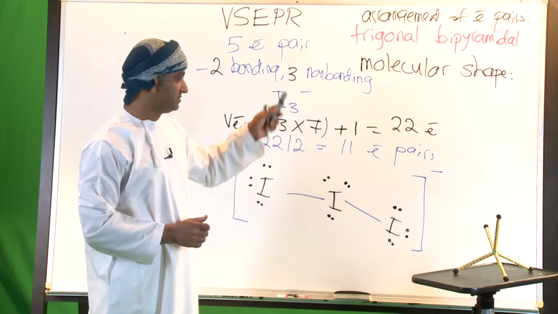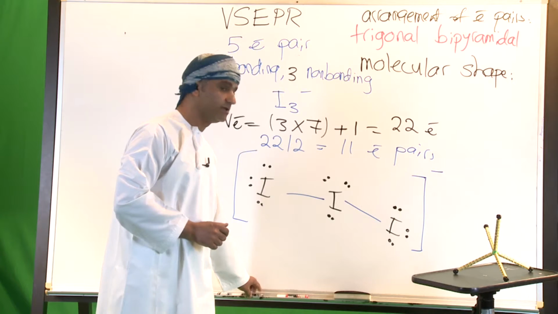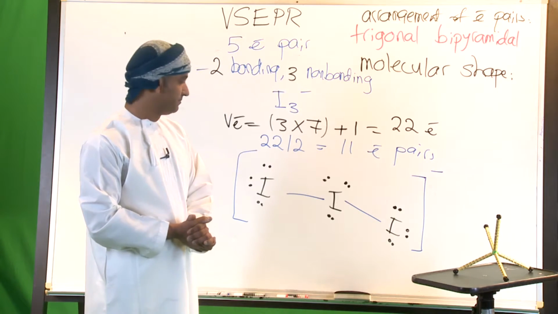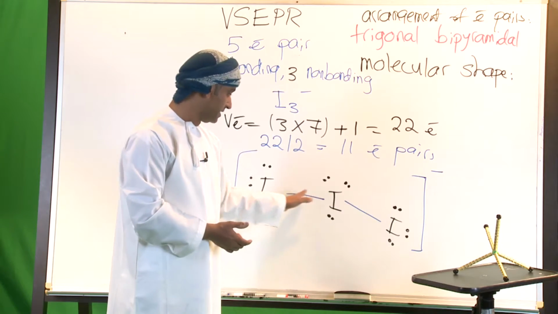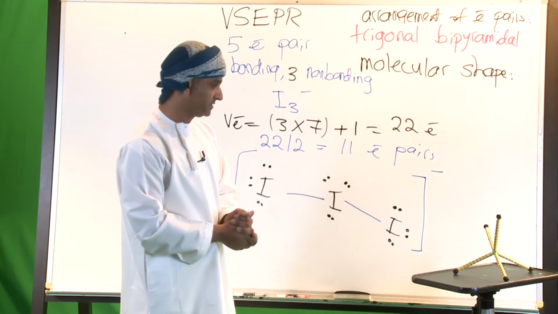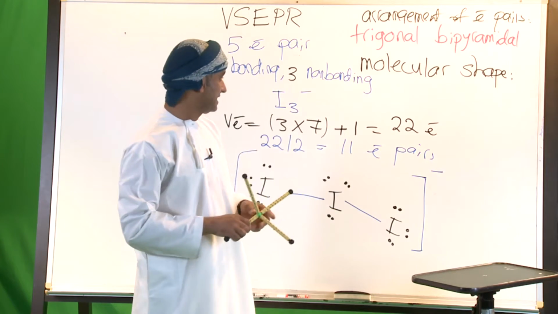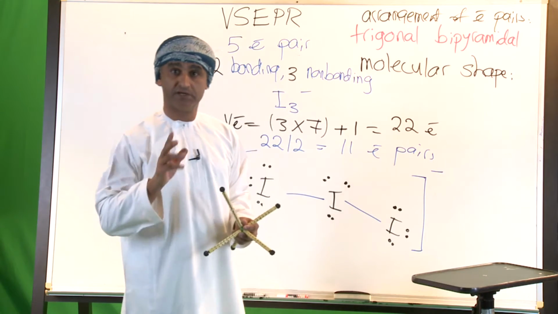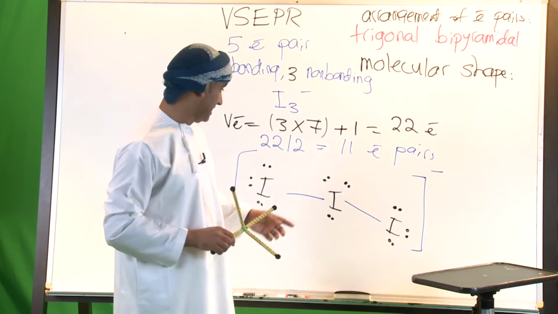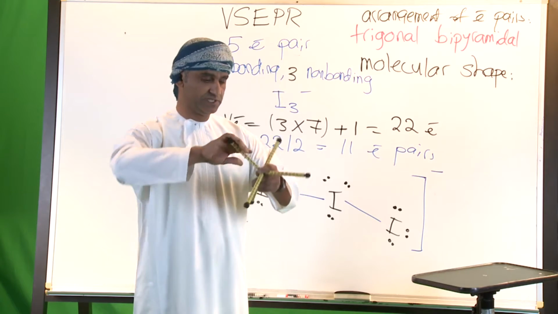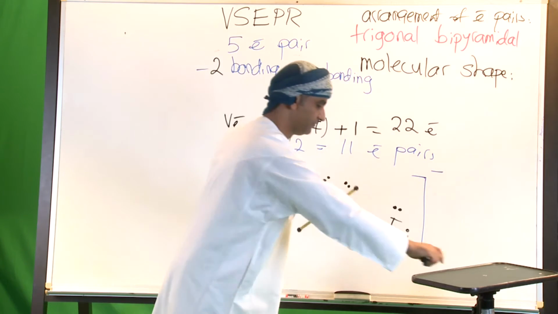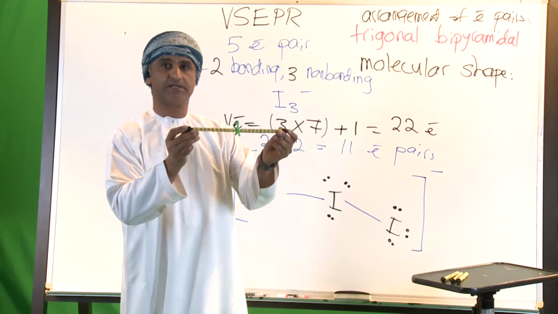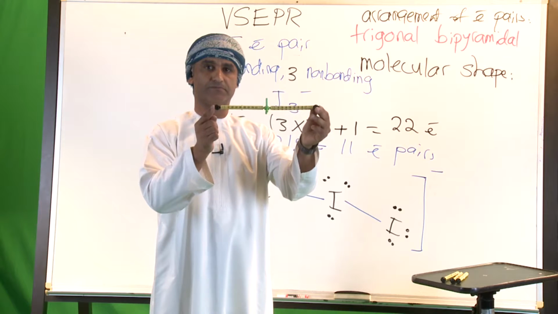Now the arrangement of electron pairs is still trigonal bipyramidal, because there are 5 electron pairs around the central iodine atom: 1, 2, and 3 lone pairs. So that's 5, but the molecular shape may not be trigonal bipyramidal, because there are 3 lone pairs. So what we need to do is take 3 of these off, and if we do, it's clearly a linear shape.